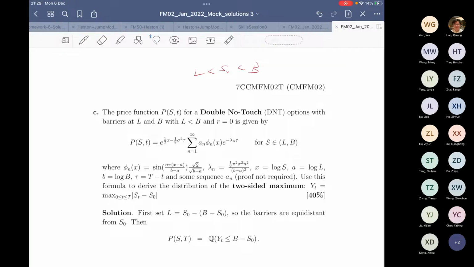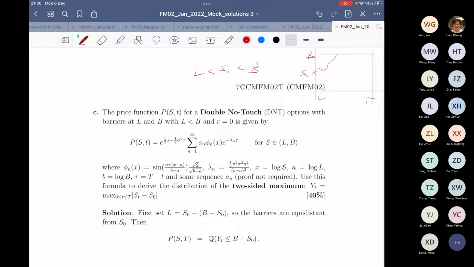So I'm not asking you to derive this. Remember, it's a Fourier series formula, but it's a nice formula, albeit an infinite series, for the price of a double no-touch. And remember, a double no-touch pays you 0 if you hit either the lower barrier L down here or the upper barrier B here before the final time T. This is your initial stock point S0.